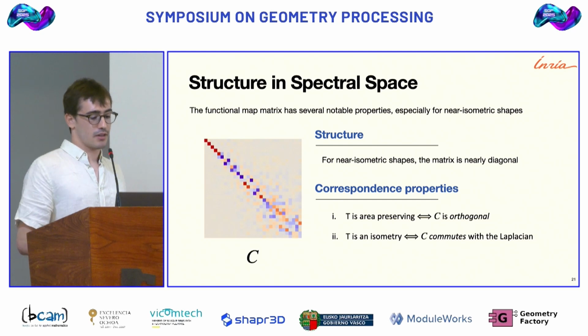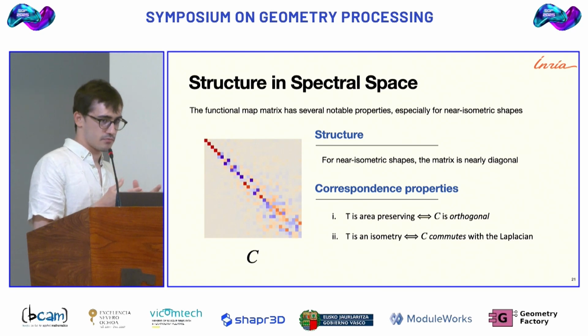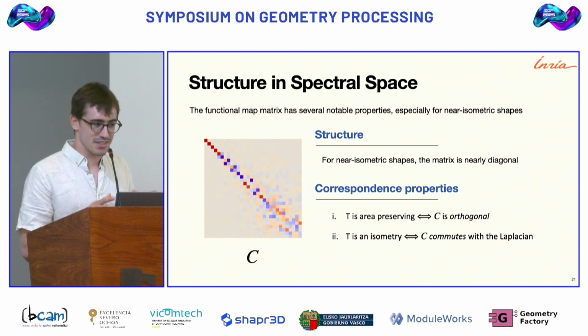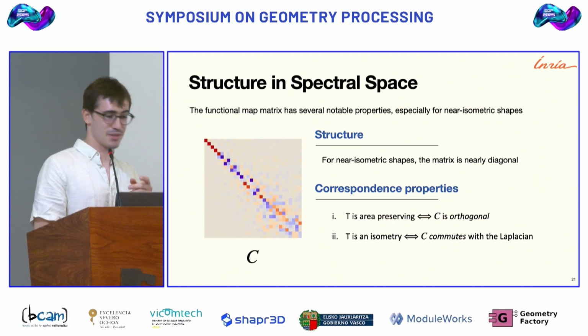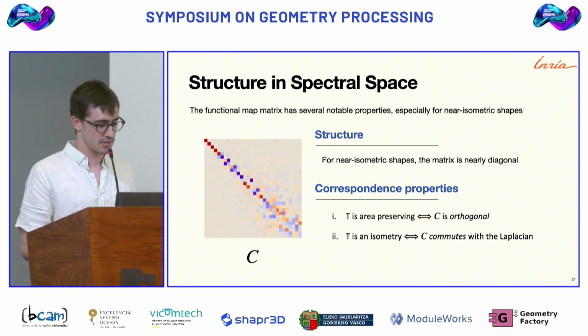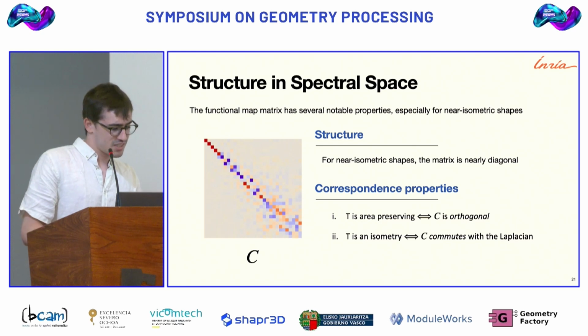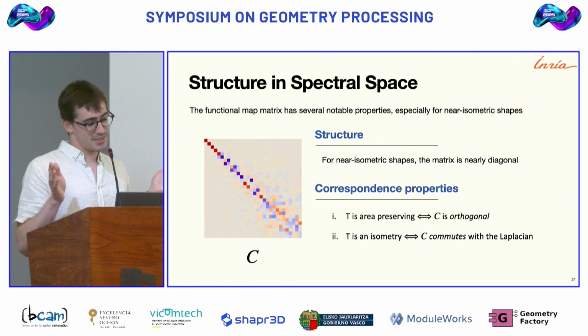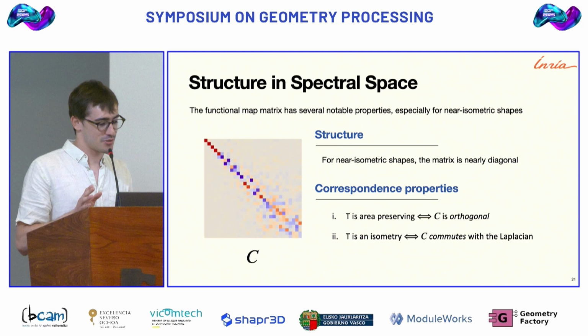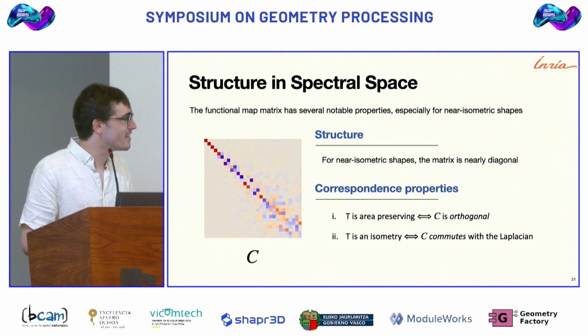Why? Because essentially the underlying correspondences are area preserving, in a continuous sense, because in the discrete sense, it can be a bit tricky to define area preserving unless you just stick to the vertices. Then the functional map is orthogonal, which is significantly easier to work with. It's much easier to check if a matrix is almost orthogonal than to check if a pointwise map is near area preserving.